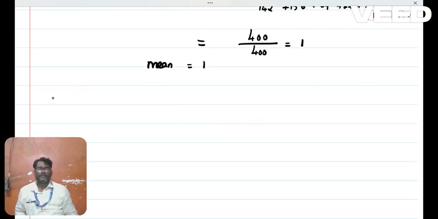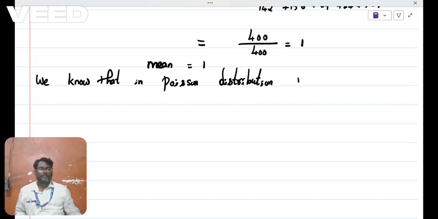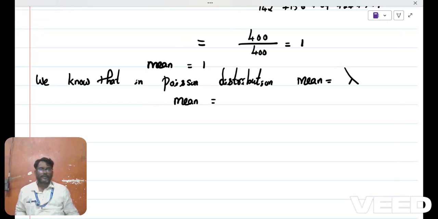So we know that in Poisson distribution, mean is equal to lambda. So mean is equal to 1, which is equal to lambda.